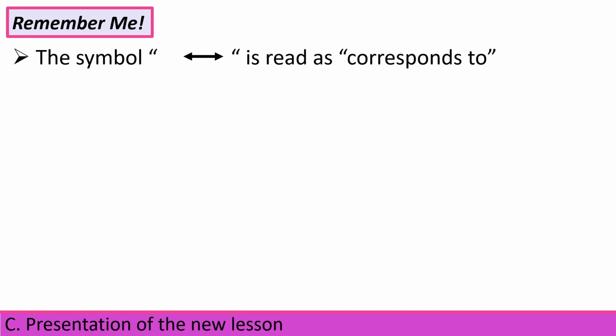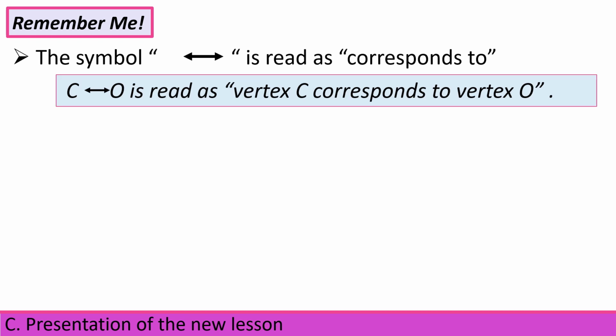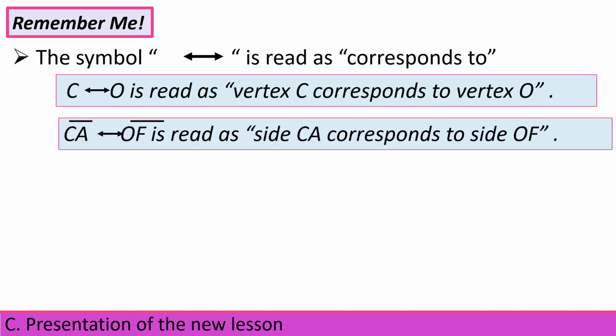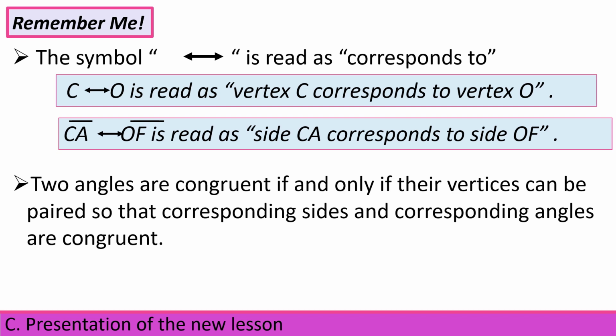Now remember this symbol, the symbol that has two arrowheads at both ends, that is read as corresponds to. So this is read as vertex C corresponds to vertex O. This is read as side CA corresponds to side OF.